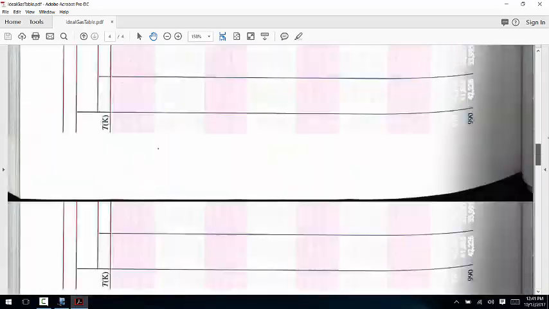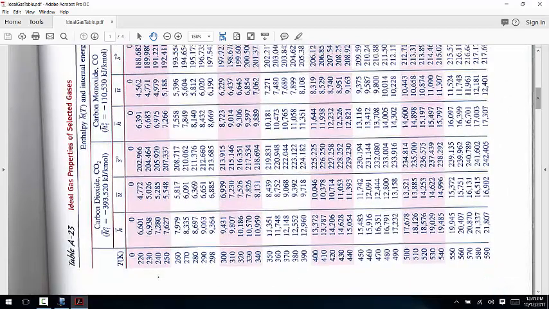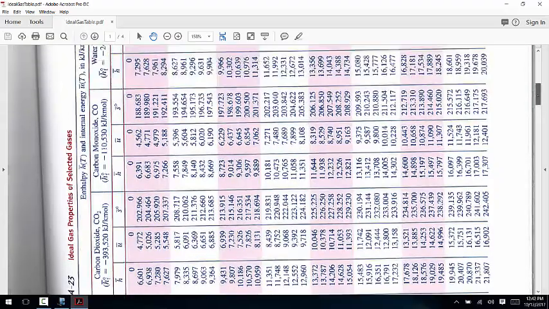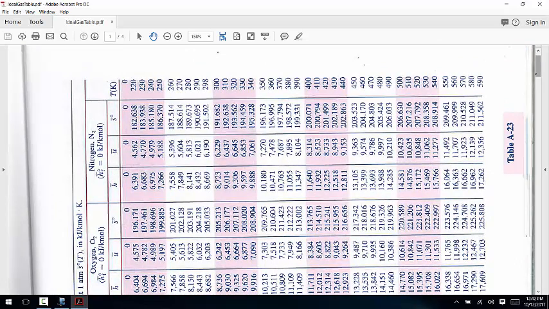I'm going the wrong way. Here we go. So ideal gas properties of selected gases. And so there's nitrogen. I'll put this on D2L. But you can see everything's in whatever per kilomole.